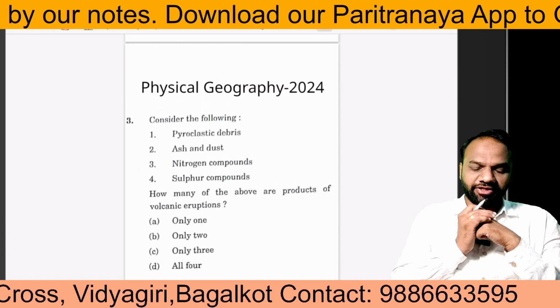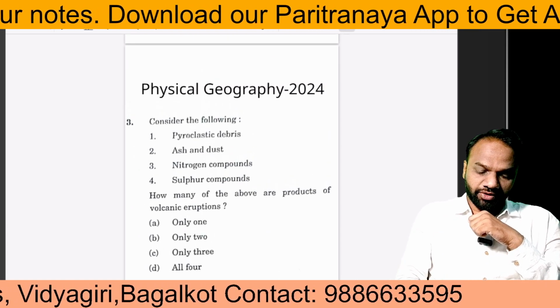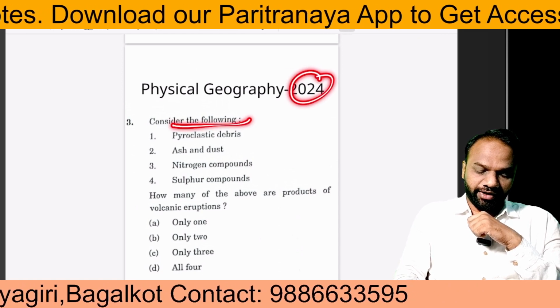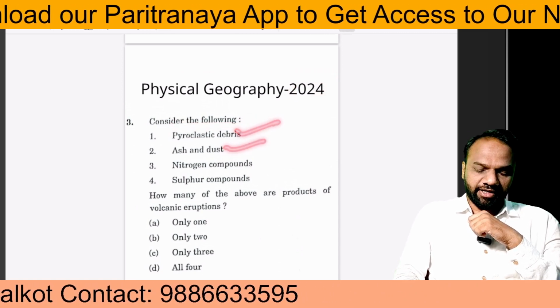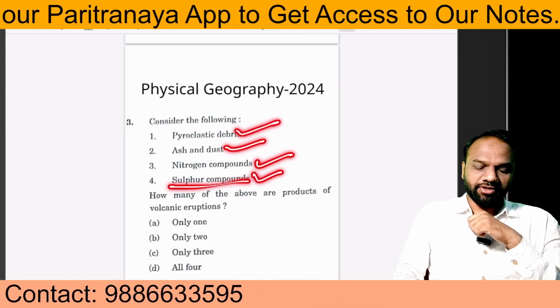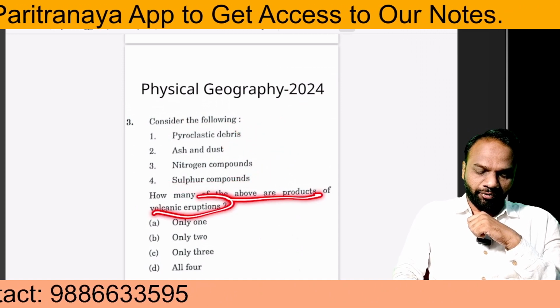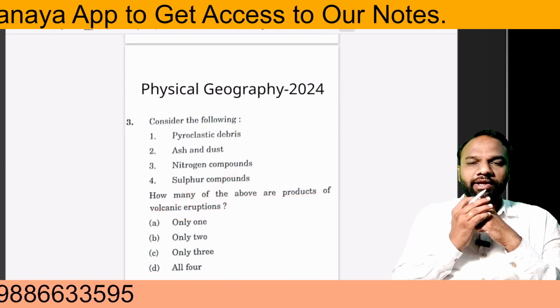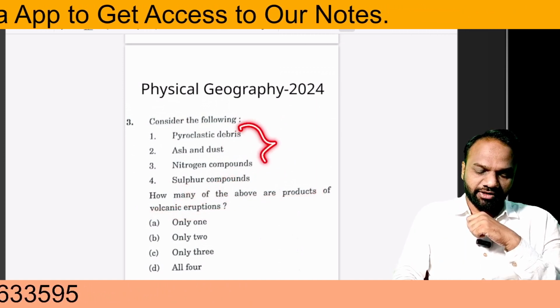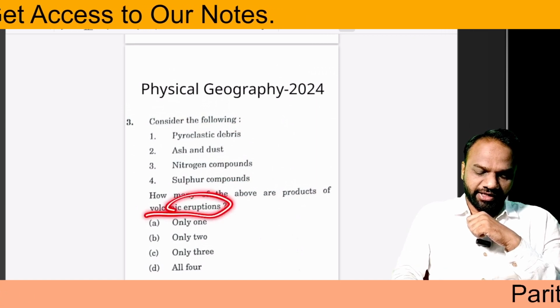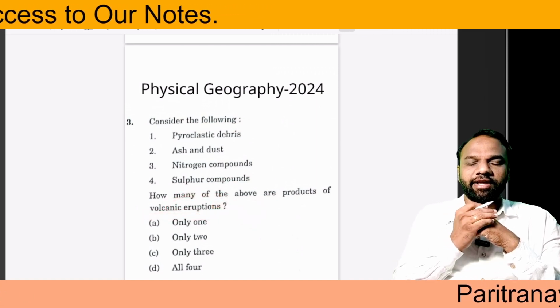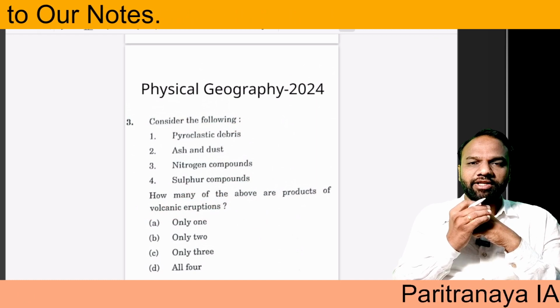Next, physical geography. Here the question is: consider the following: pyroclastic debris, ash and dust, nitrogen compounds, sulfur compounds. How many of the above are products of volcanic eruptions? When a volcano erupts, what are the various products which it erupts? Again, this is in line with the exam's demand, because every year they focus on one or the other geophysical phenomenon.